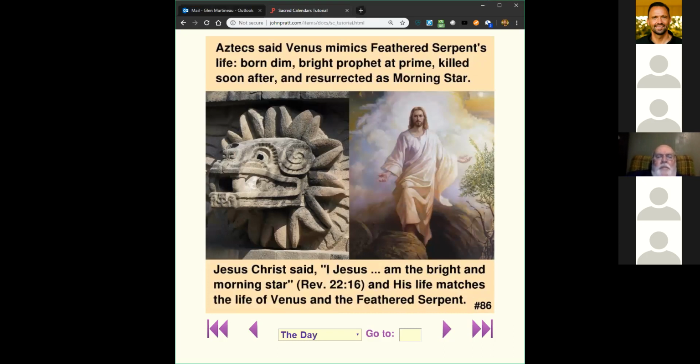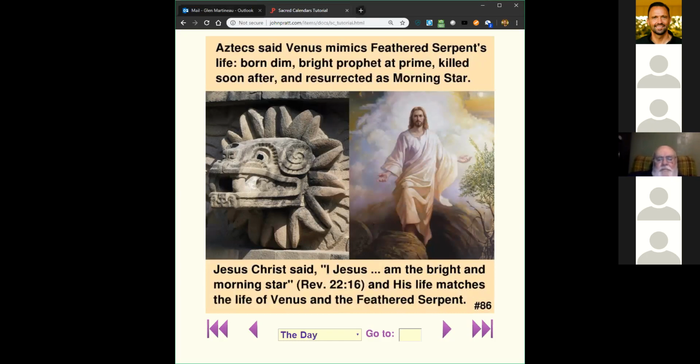Let's do another slide, and then we're going to maybe come to a stopping point here. Let's go to slide 86. Now it's this slide that is what got me started, and I think I've mentioned it before, but this is the place to say it again. This is what I learned. This sentence is from the book Skywatchers of Ancient Mexico by Anthony Aveni.